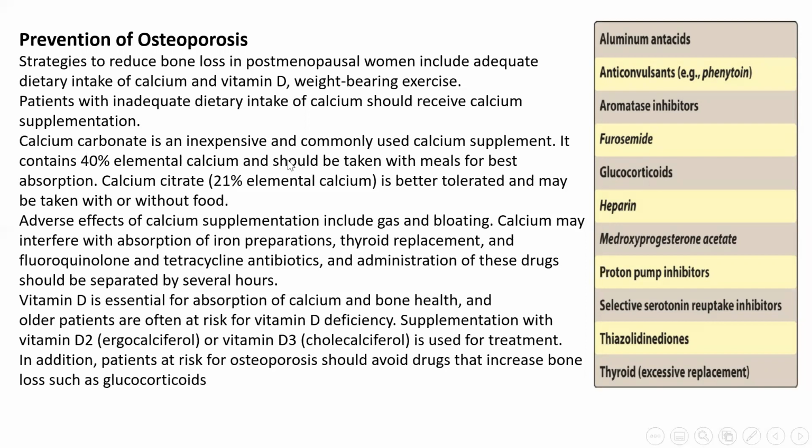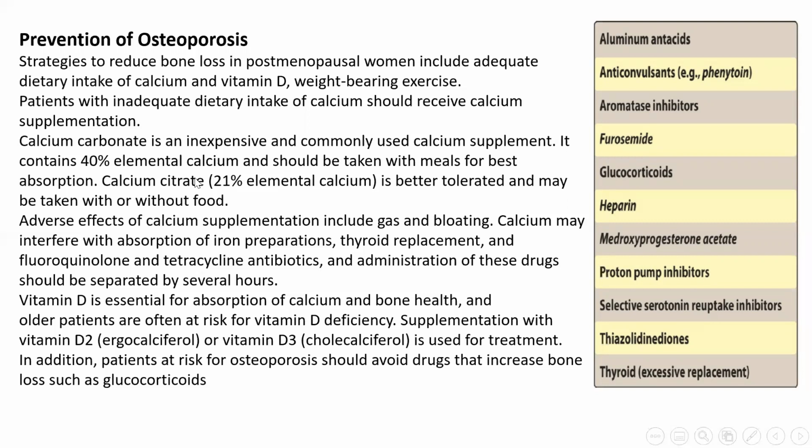Calcium carbonate is easy and commonly prescribed as a calcium source, and around 40% of calcium carbonate is calcium, so it is a rich source of calcium. But this one should be taken with meals for best absorption.